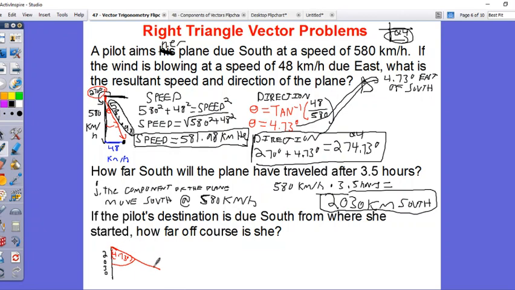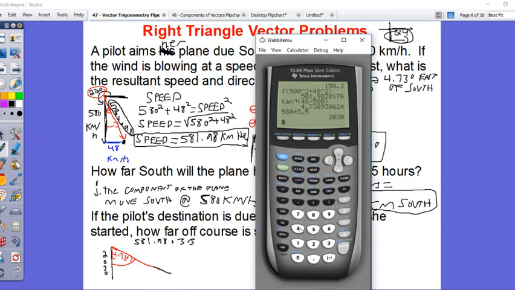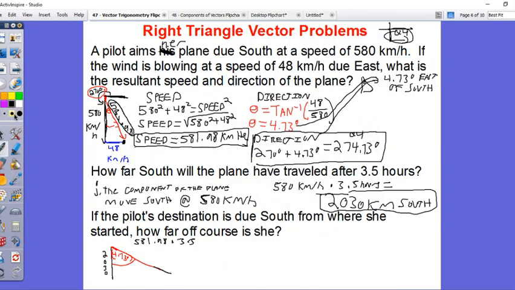To find this magnitude, we just have to do 581.98 times 3.5. So let's do that. 581.98 times 3.5. That's going to be equal to 2036.93. So if that value is 2030, this value is 2036.93.